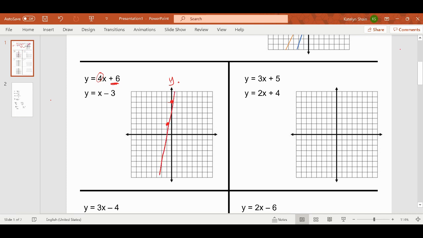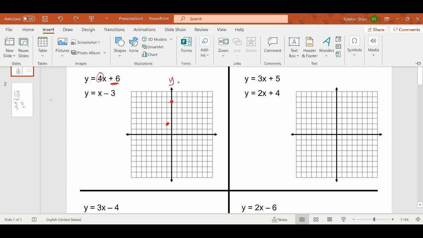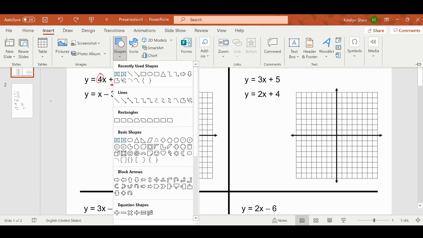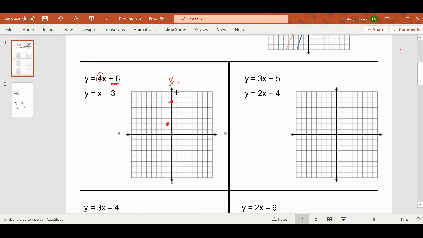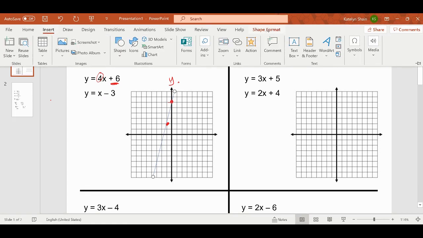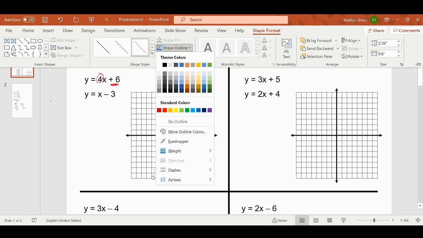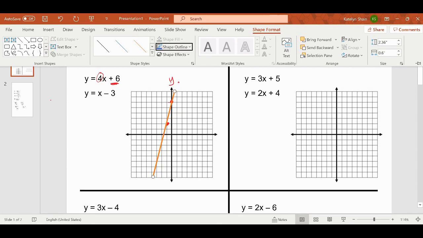No, I think it was more accurate when I did it myself. Let's just go back to inserting the shape. Sorry, guys. Of course, it wouldn't be me if we didn't have some technical difficulties, huh? Okay, make it bigger. There. So there's the line of our first equation.